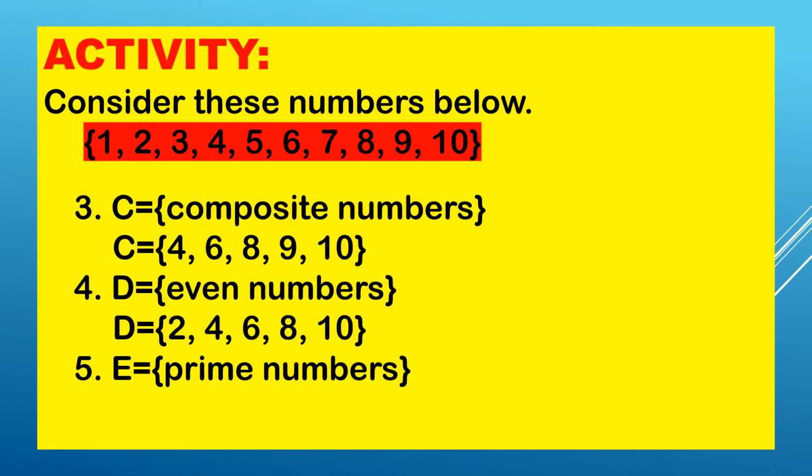Si prime numbers ay wala na siyang ibang factors kundi 1 and itself. So, ano yung mga prime numbers na makikita natin dito sa given na numbers? Okay, right? We have 2, 3, 5, and 7.